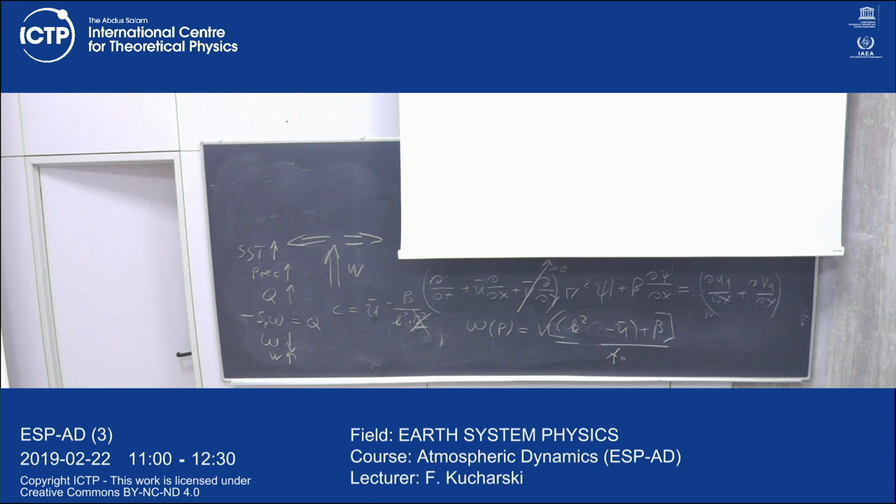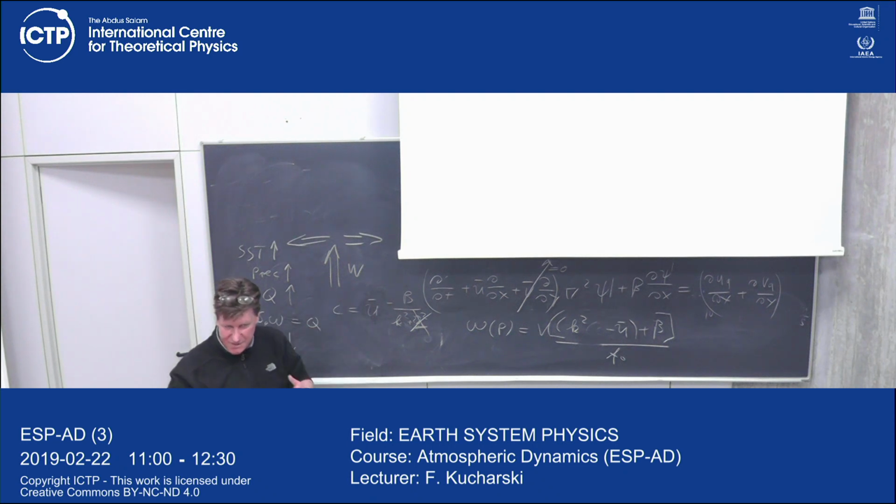No, but that's a difference to the ocean. In the ocean case, you will not have this term, or at least it's not a relevant contribution here. And then the statement is true: Rossby waves always propagate to the west. We will actually come back to such an equation when we look at equatorial waves, because there we will set the mean flow to 0.